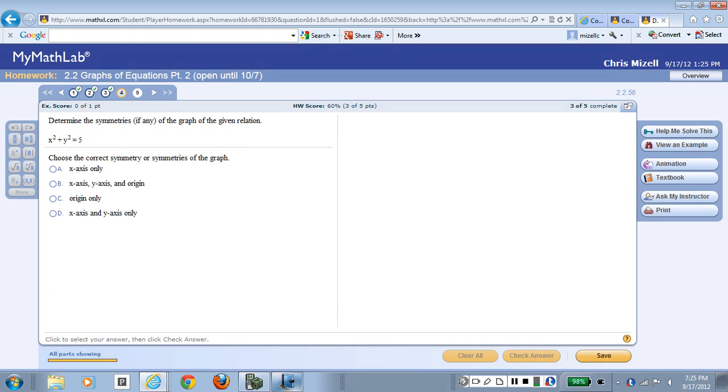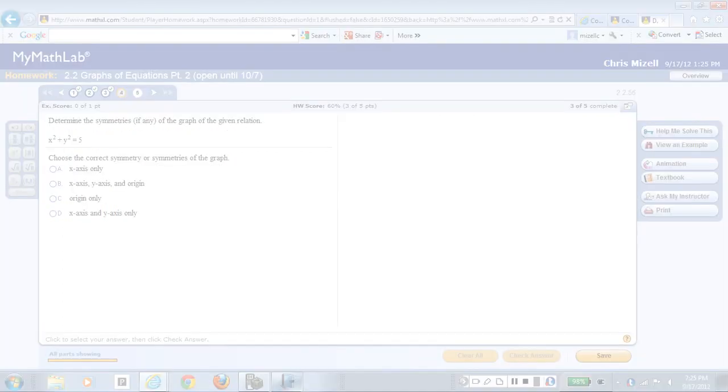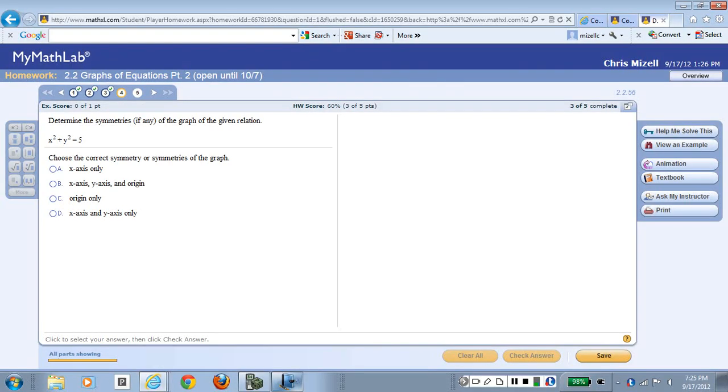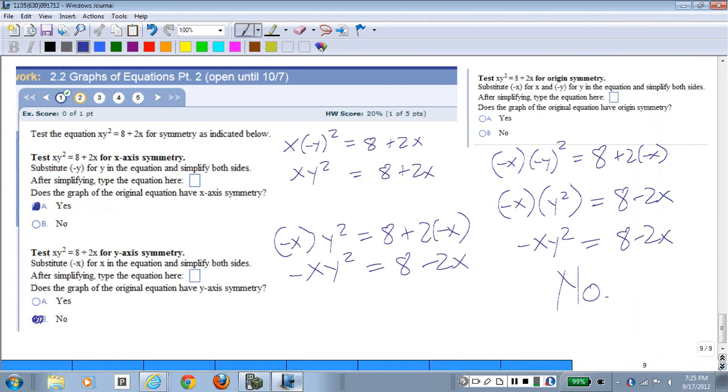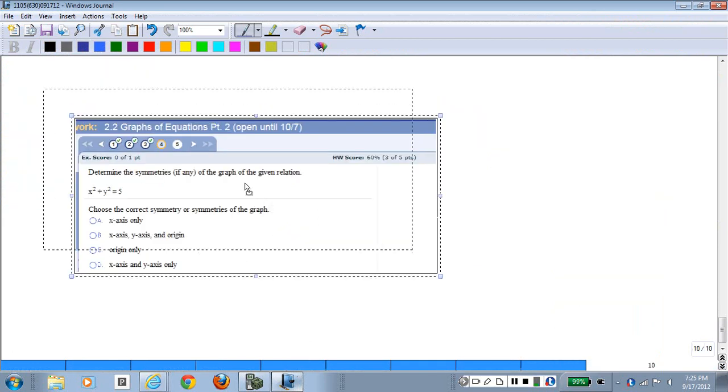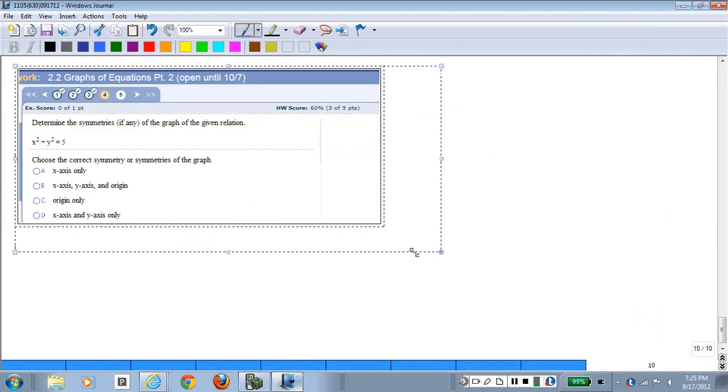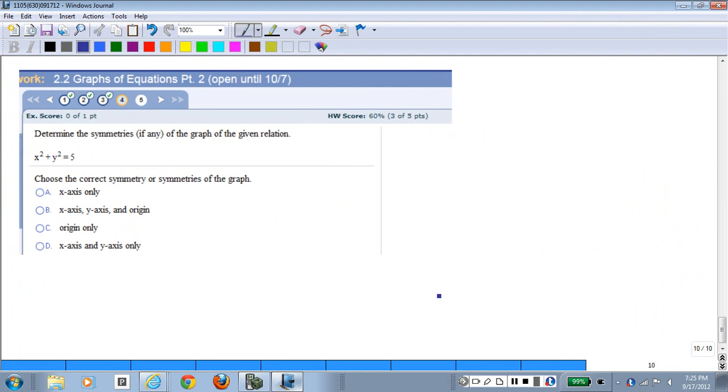Okay. Both an x squared term and a y squared term. What's it going to be? All of the above. Substitute negative x for x. It's going to give you the x squared term right back. Substitute negative y for y. It's going to give you the y squared term right back. And they're basically independent of each other.